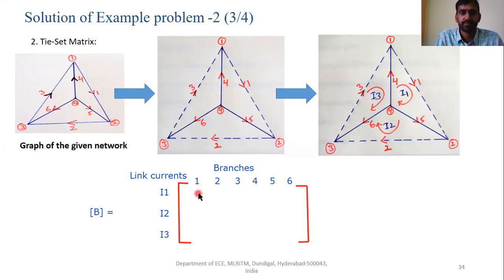So here, let us check. I1 is the first loop. Except 1, 4, 5, the remaining branches are not coming in this I1, so the remaining elements are going to be equal to 0.